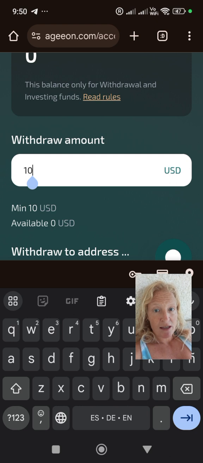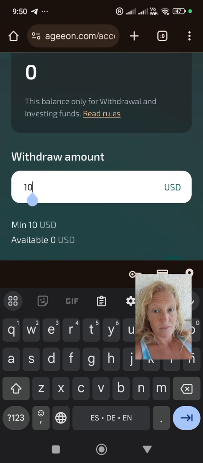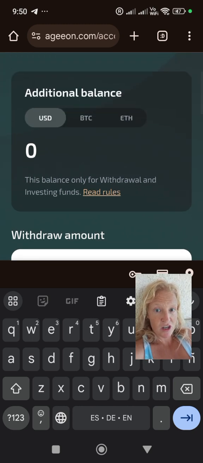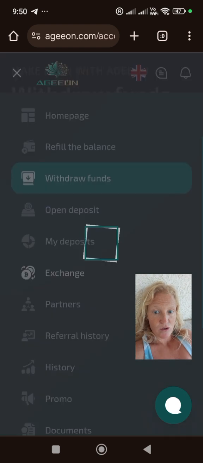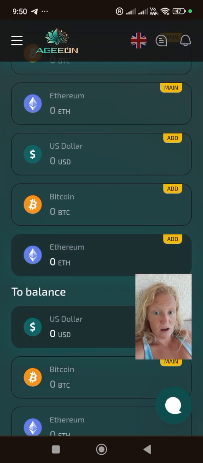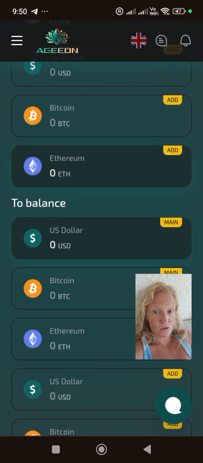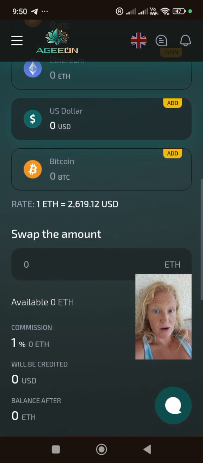If you want to do it like this and you don't have the minimum amount of Ethereum, or if you have a US dollar deposit open, your money will land here, or you want to exchange it from Ethereum into US dollars. So you can exchange it in the exchange part. Usually it shows up here, like the accrued Ethereum, and then you can put it here into US dollars.